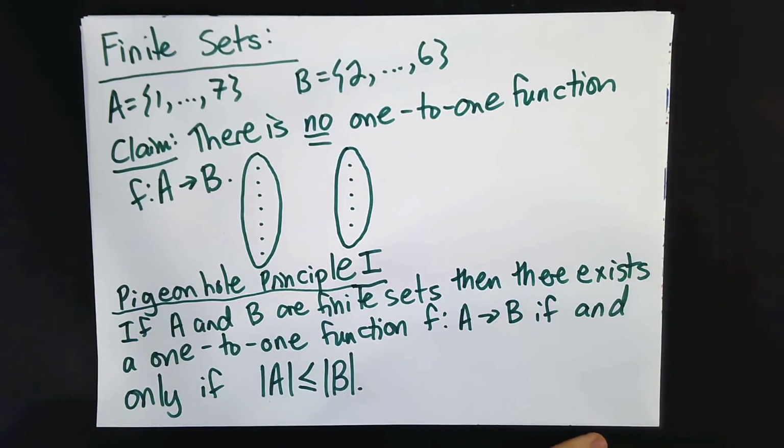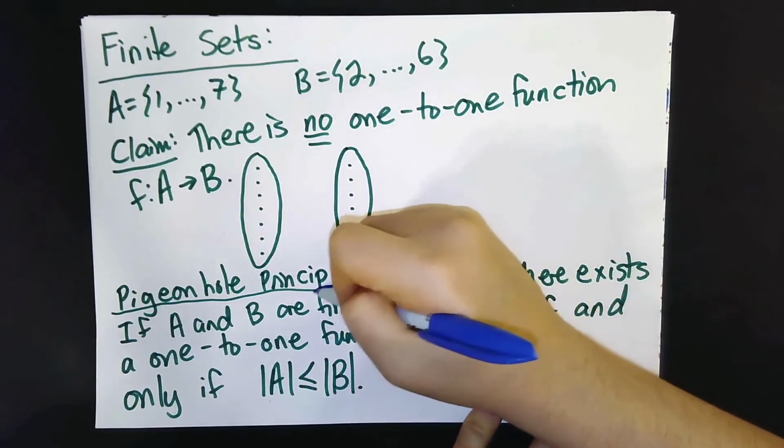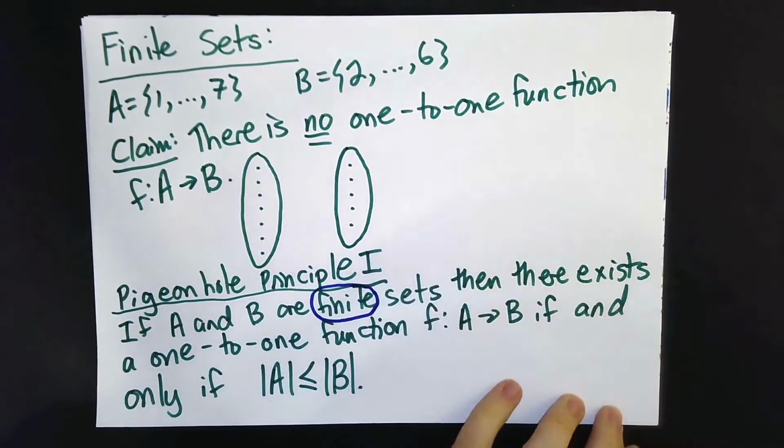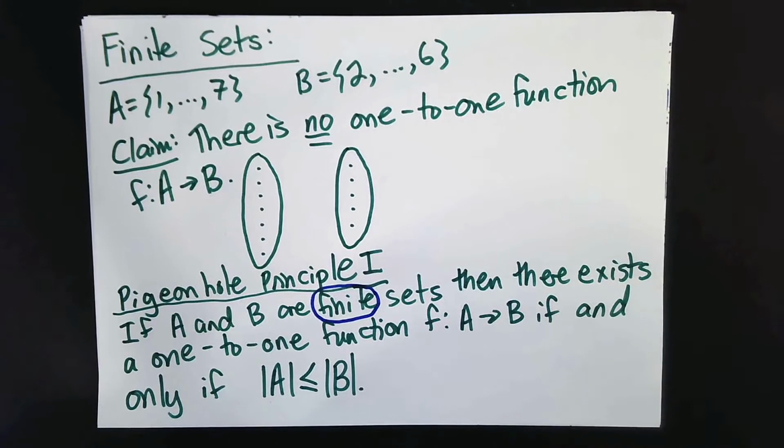Now, as with everything I will call a pigeonhole principle, be it 1, 2, 3, or 4, the hypothesis here is that all the sets involved are finite. So the second a set is infinite, we do not know how to make sense of this pigeonhole principle. So, if you're going to apply the pigeonhole principle, the sets you're going to apply it to had better be finite sets.